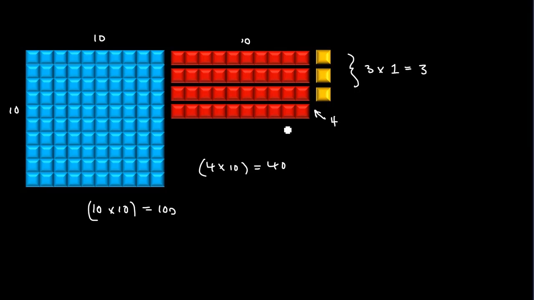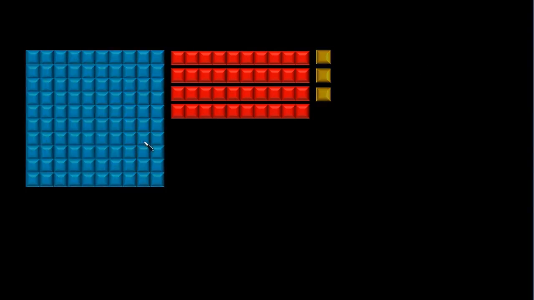So a very conventional, very straightforward thing to understand. What we need to do now though is think of a concrete representation for algebra. The essential difference is that we can't measure or count these anymore. So if I get rid of the notation here and remove these, here's our x term.